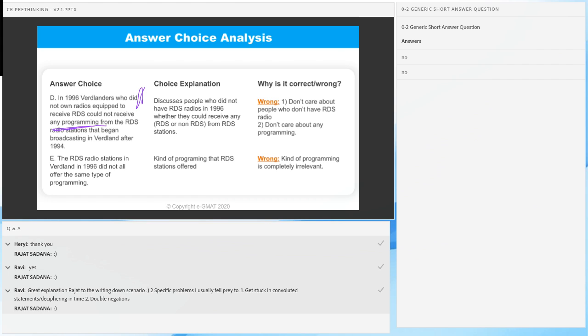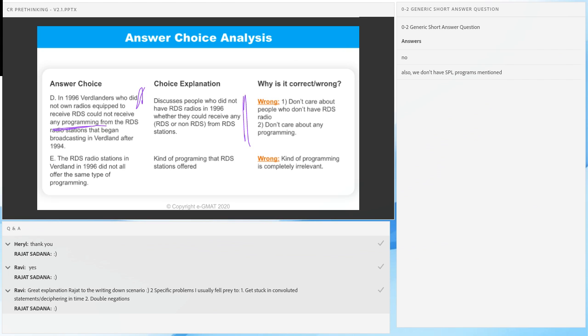We only care about RDS programming. We only care about people who have RDS radios. Okay, so it's absolutely irrelevant. A lot of people who choose this say, what if a new technology is invented that circumvents RDS and blah, blah, blah. They forget the constraint that's there in the argument. You need an RDS radio to receive RDS programming. Okay, so it's wrong for two reasons.